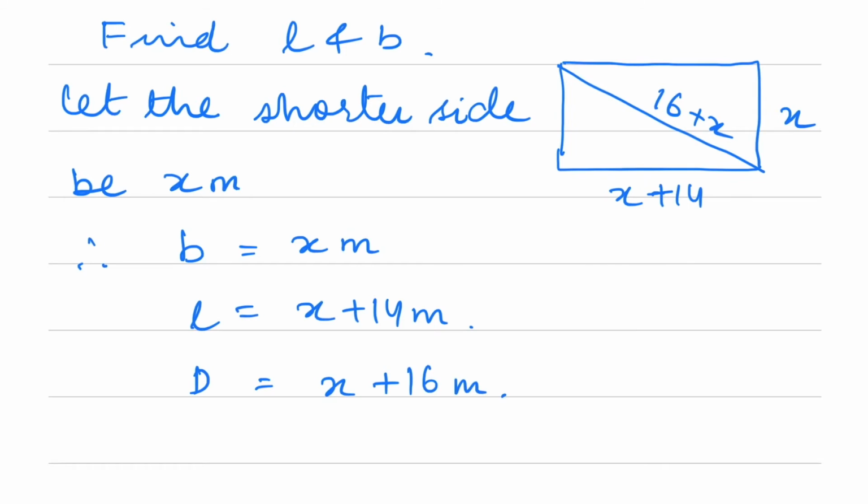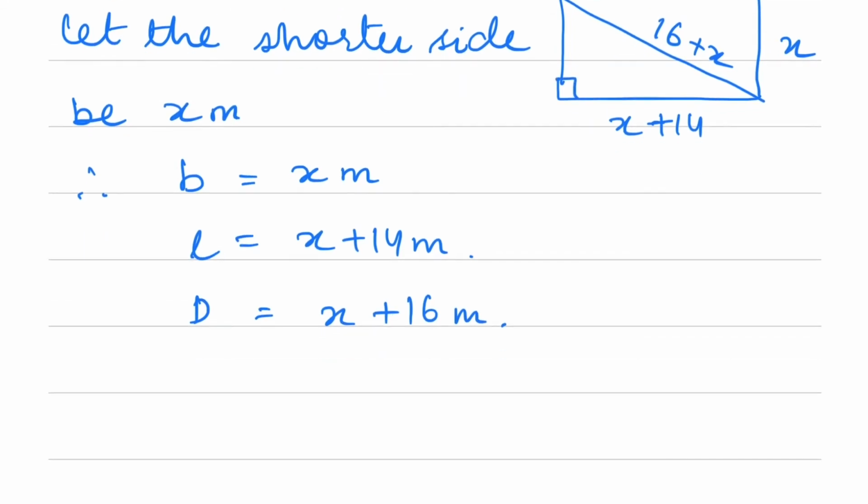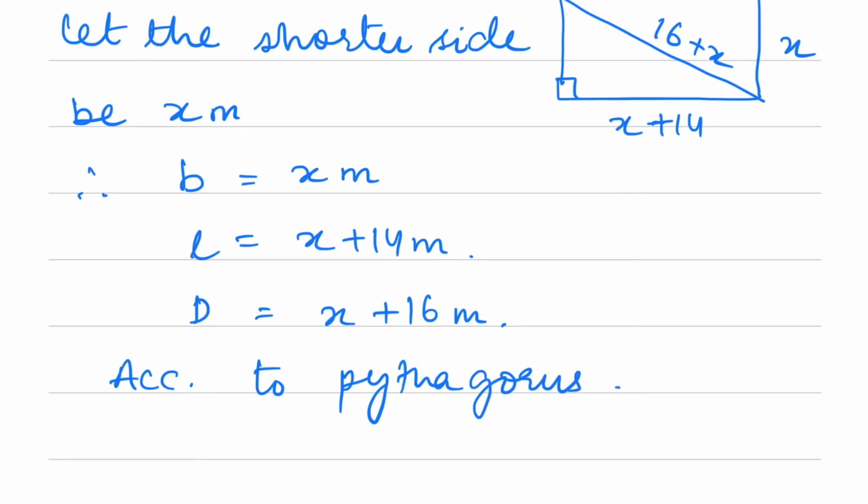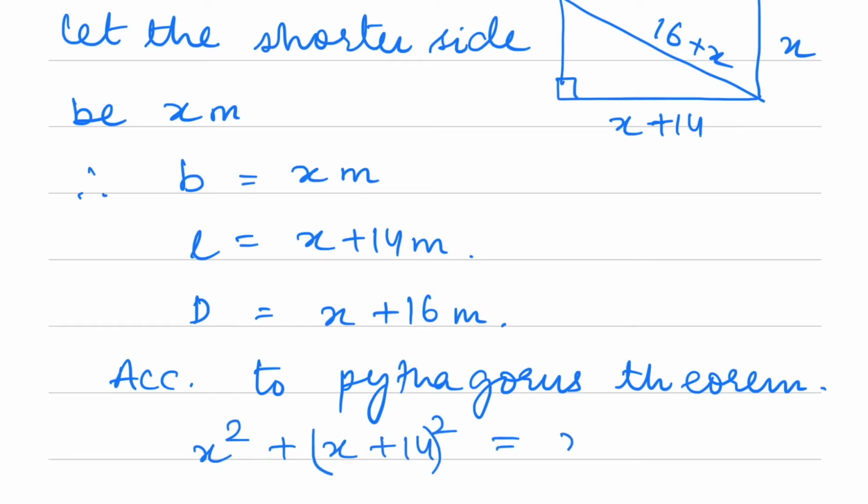I know it is a rectangle, so it will be a 90-degree angle here. So according to Pythagoras theorem, we have x square plus x plus 14 whole square is equal to x plus 16 whole square.